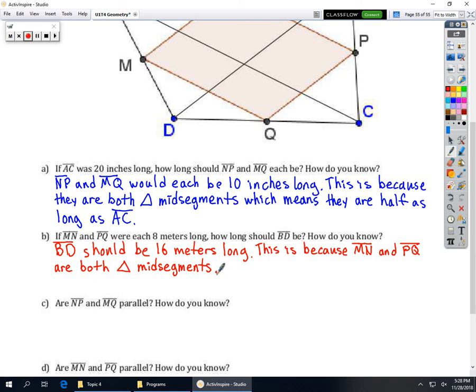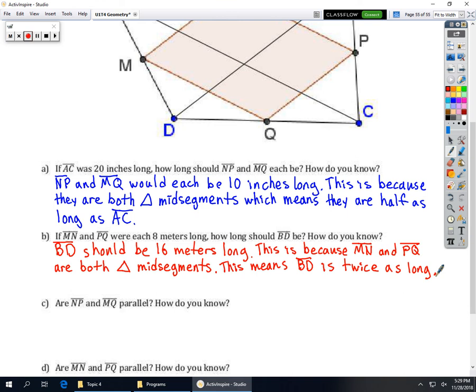So if they're both triangle mid-segments, this means that BD is twice as long as both of them. So this means, yeah, I think this is a run-on sentence. Oops. This means BD is twice as long. So it should be twice as long as 8. Right, you've got 2 more.